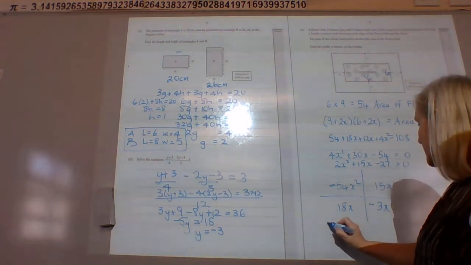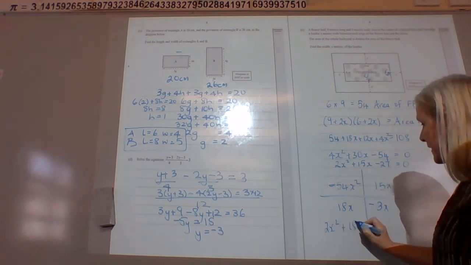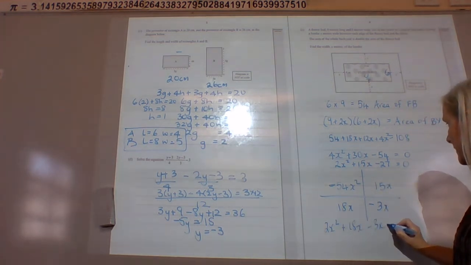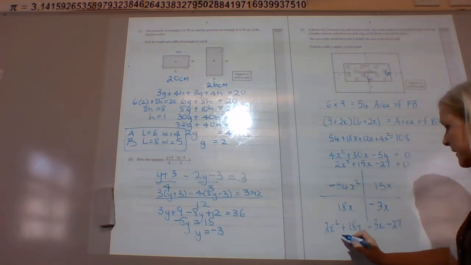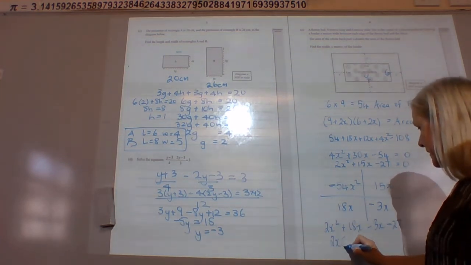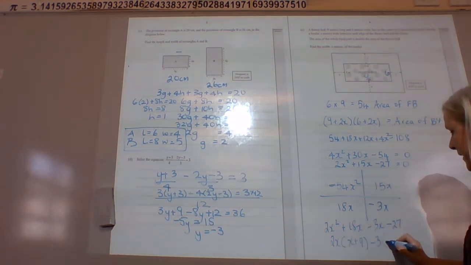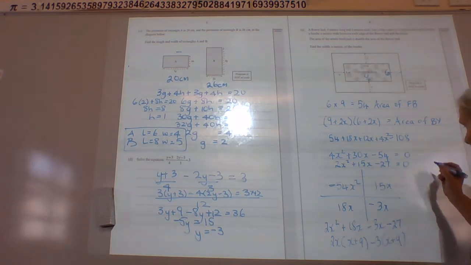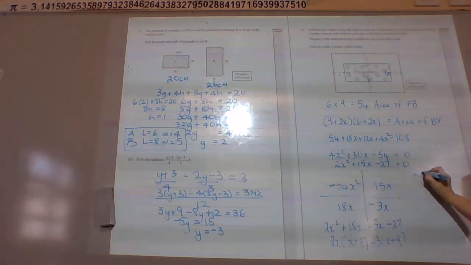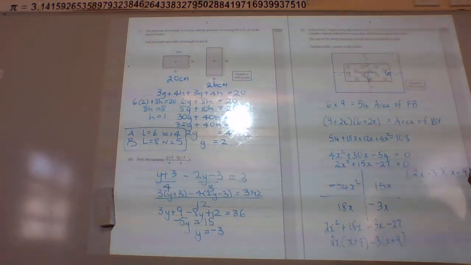All right, that's going to give me 15 with this one being the negative. So I've got 2x squared plus 18x minus 3x minus 27 gives me 2x bracket x plus 9 and negative 3 bracket x plus 9. So my two brackets are 2x minus 3 and x plus 9 equals 0.